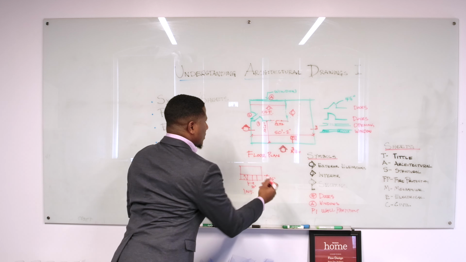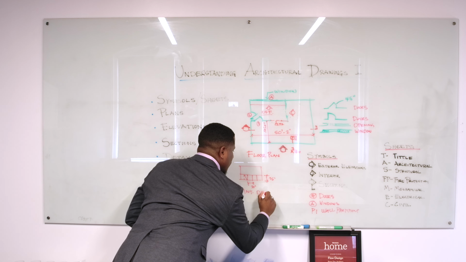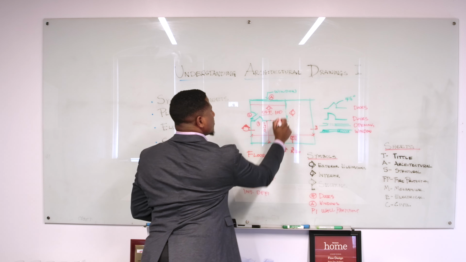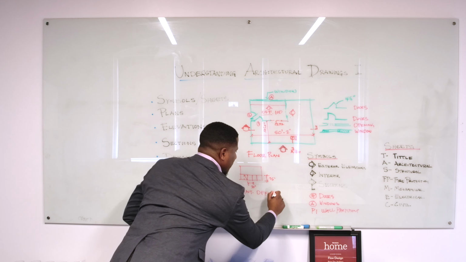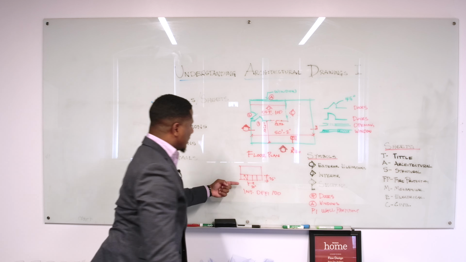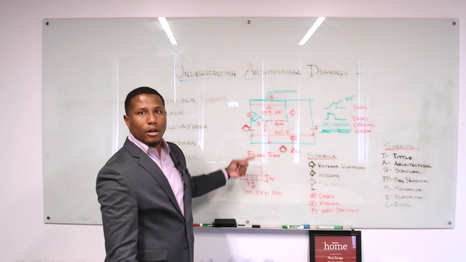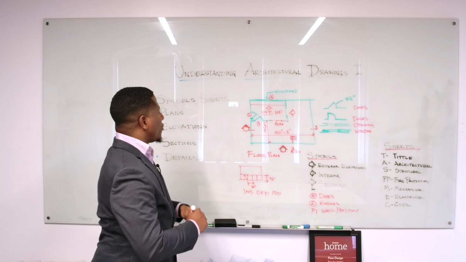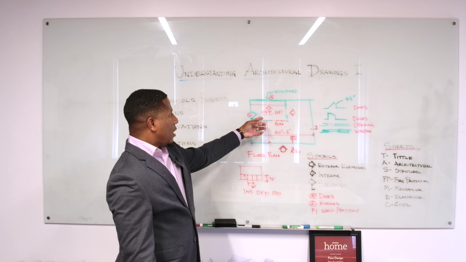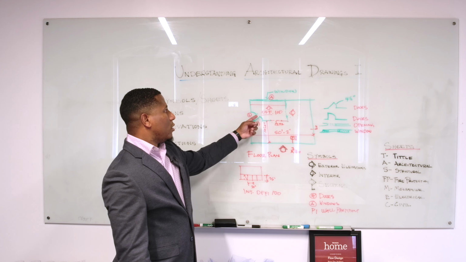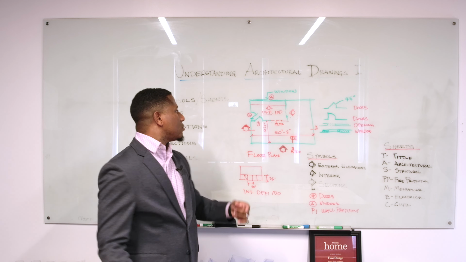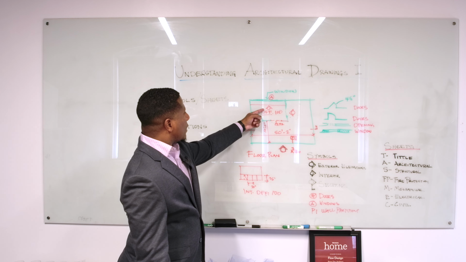So now you know that for this interior elevation of the office, let's say this is office 100, we have an interior elevation of what that looks like. So it's very important that you understand, okay, the architect is showing an office. Oh, I don't know where the sizes of the cabinets are. Where do I go? Oh, very simple. Just look at the symbol.